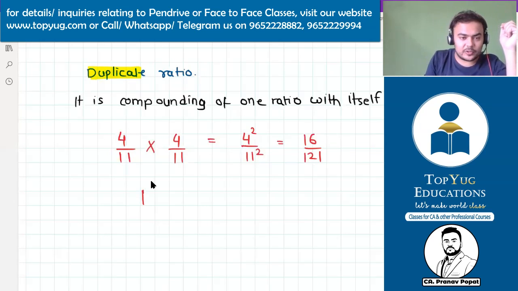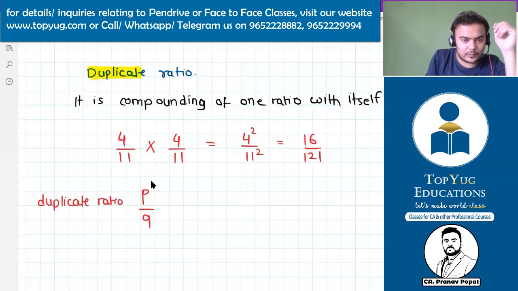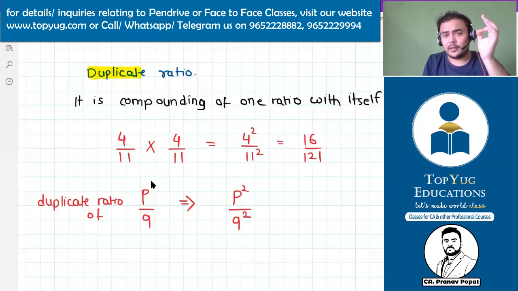So suppose a ratio is p by q. Duplicate ratio of p ratio q will be p square upon q square. Very simple. Just square both the terms. That is what the duplicate ratio is.